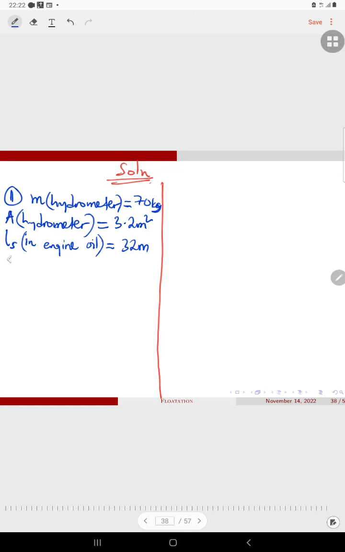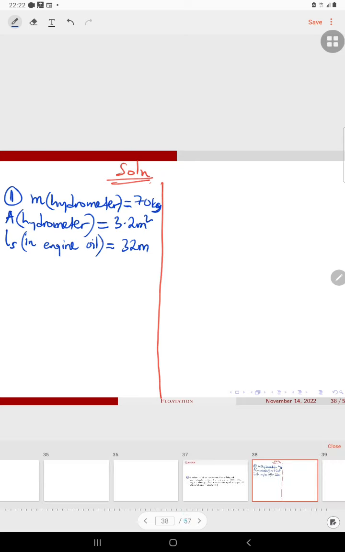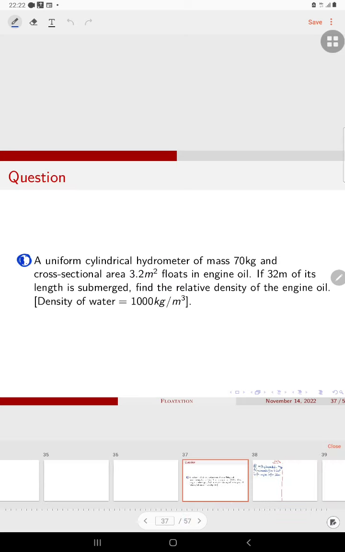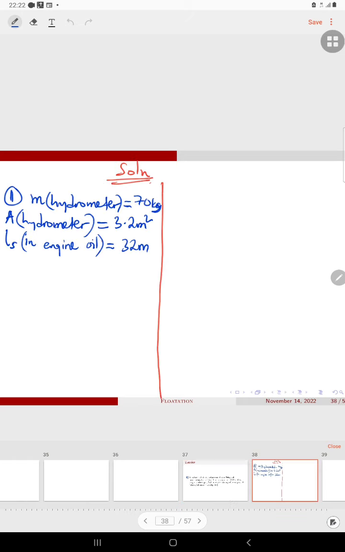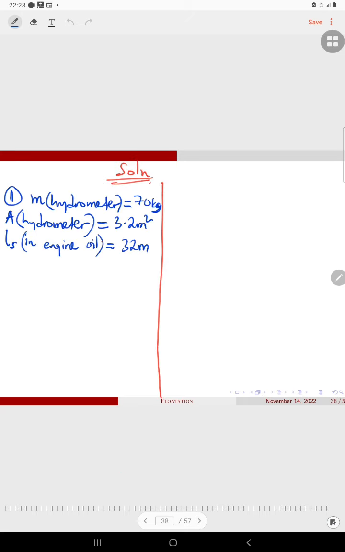And the question wants us to find the relative density of engine oil. So this is what we are looking for.